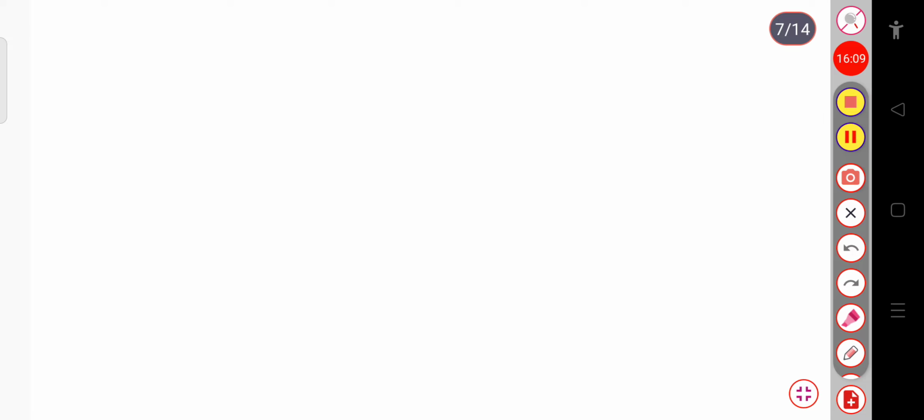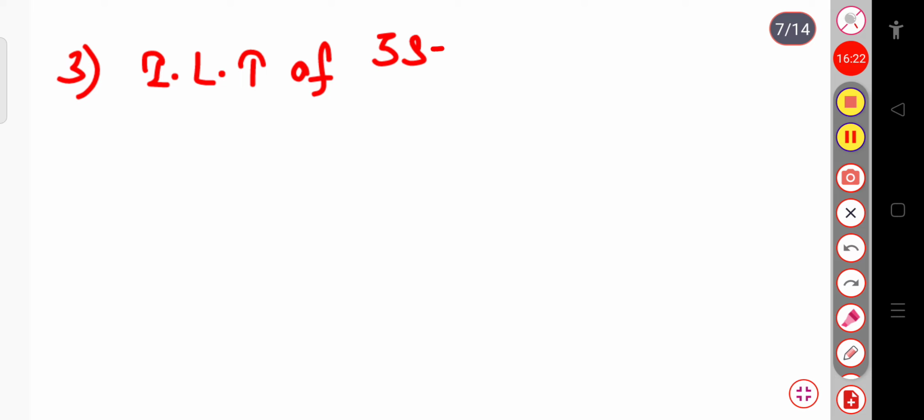Suppose example 3. You have to find the inverse Laplace transform of the function 5s plus 4 divided by s square plus 9. Okay, this is our question.